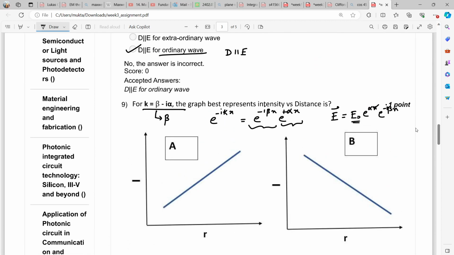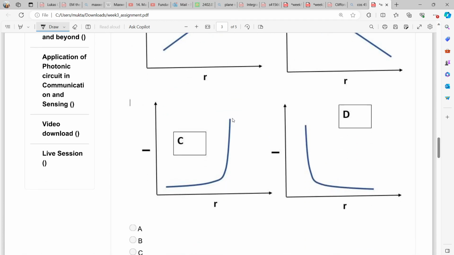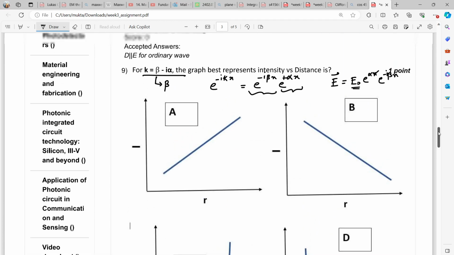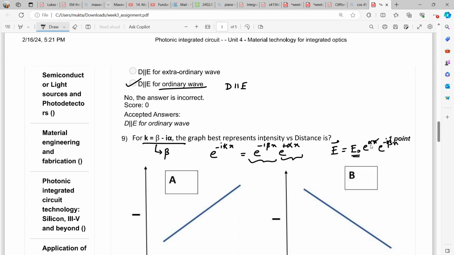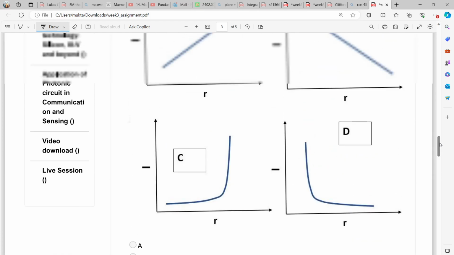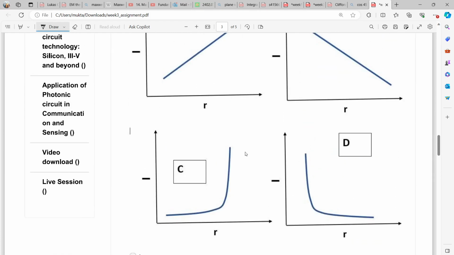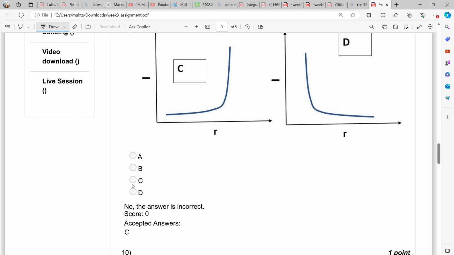Because there is no negative sign here. So it should blow up like here. This alpha is actually called the attenuation coefficient. However, since there is a negative sign here, instead of attenuation, it is acting as a gain. So there will be a gain. So option C is correct.